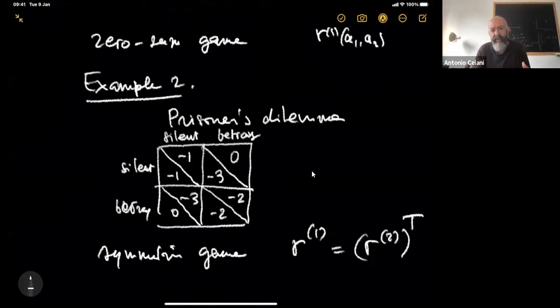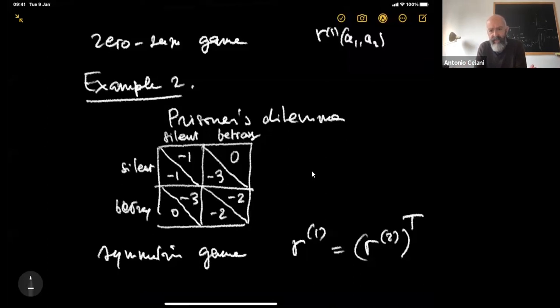But this kind of games which are symmetric and have just 2 actions, you can easily imagine that they can be classified. So you can put numbers in these slots, and you have classes of games, which, for instance, include games like hawk and dove, etc. So what is interesting in this particular situation is that basically this is a choice between cooperating or defecting.